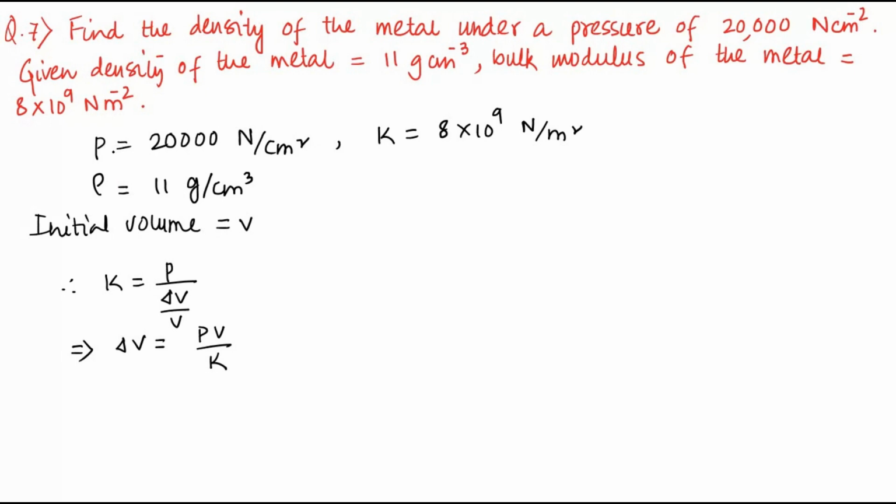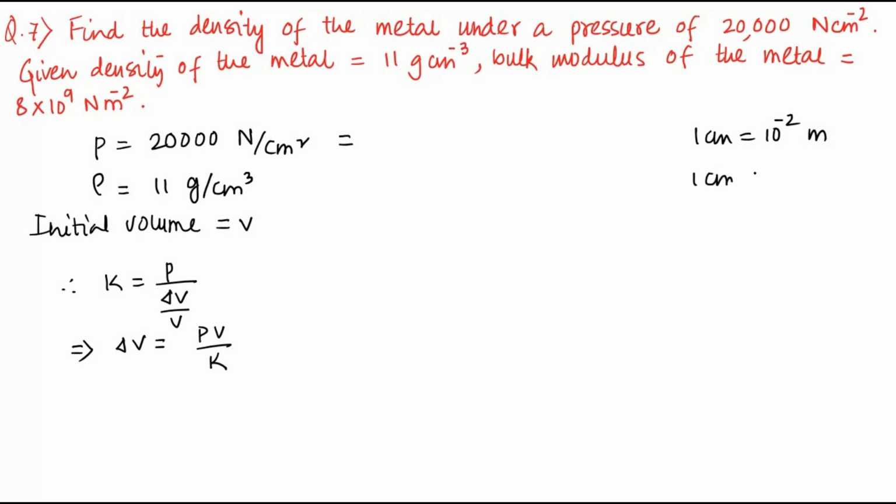Now here this P is in Newton per centimeter square. So we have to convert this Newton per centimeter square into Newton per meter square, right? For that, we know that 1 centimeter is equal to 10^-2 meter.